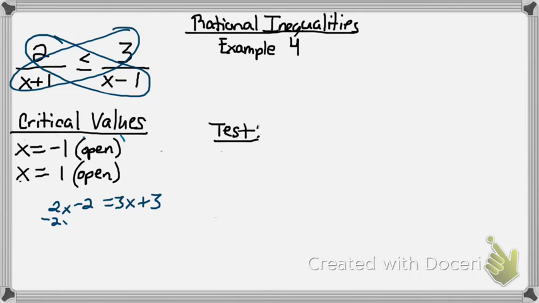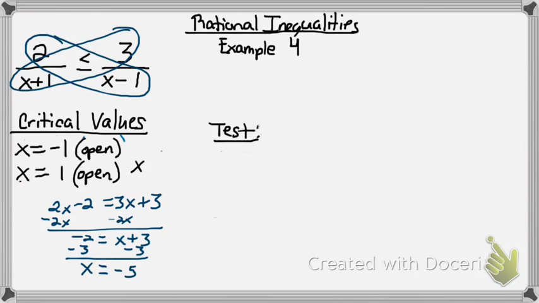So I'll subtract 2x on both sides, and I'll get -2 equals x plus 3. And then I'll subtract 3 on both sides. And then my answer will be x equals -5. So that's going to be my third critical value. Since in the problem I have that equal to, this is going to be a closed circle.